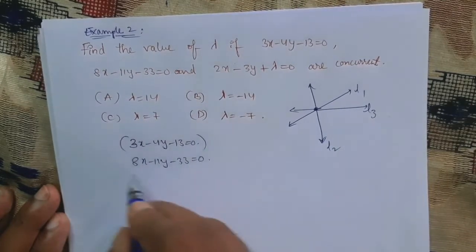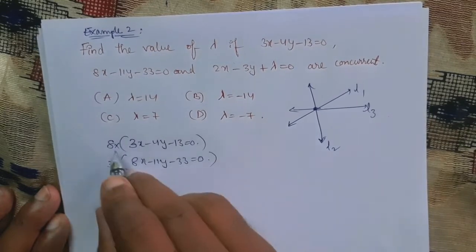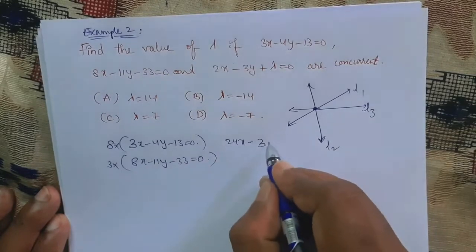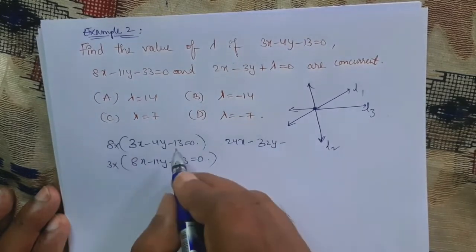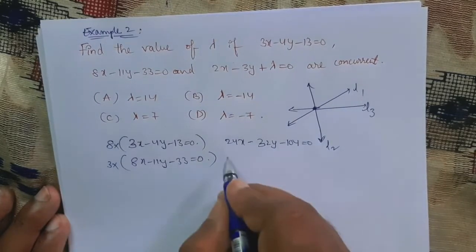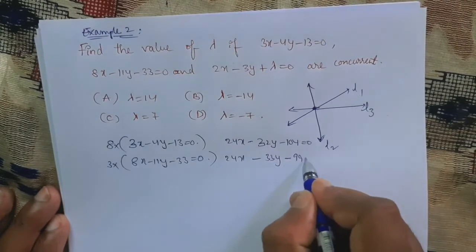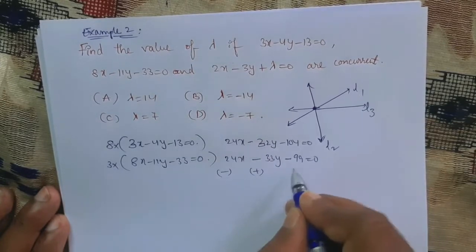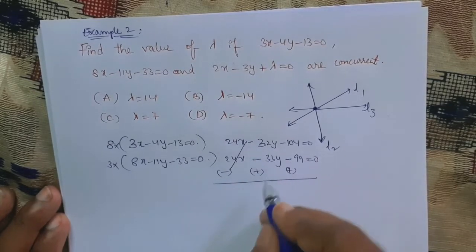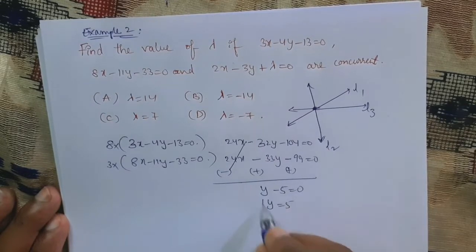In order to simplify that, you multiply this equation with 8 and this equation with 3, which results in 24x minus 32y minus 104 equal to 0, and 24x minus 33y minus 99 equal to 0. Simplify this: minus, plus and plus. These two will be cancelled. So minus 32 and this gives y minus 5 equal to 0. That means y equal to 5.